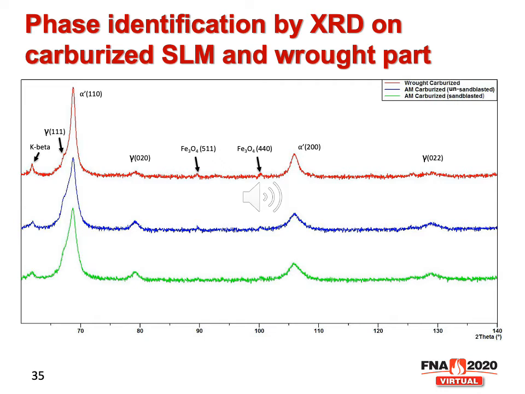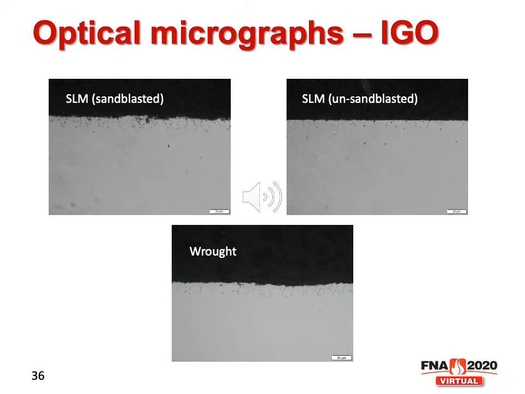Martensite, retained austenite, and iron oxides were identified for all of them. The carburized selective laser melted and wrought parts were cut, mounted, ground, polished, and analyzed by optical microscope on the cross-section. This slide shows the cross-section optical micrographs near the carburized surface.